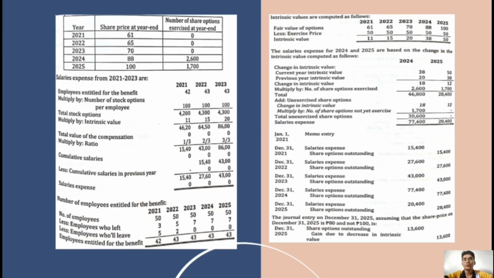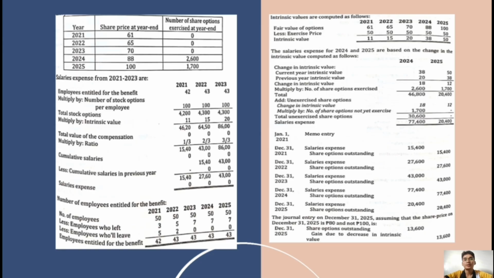On December 31, 2021, salaries expense is debited 15,400 and share options outstanding credited 15,400. December 31, 2022, salaries expense debit 27,600 and share options outstanding credit 27,600. And December 31, 2023, salaries expense debit 43,000, share options outstanding credit 43,000.